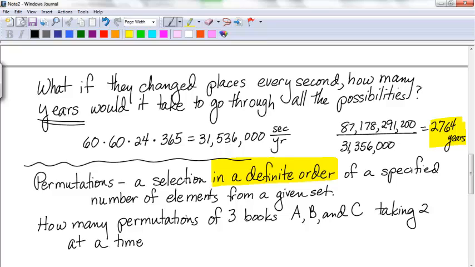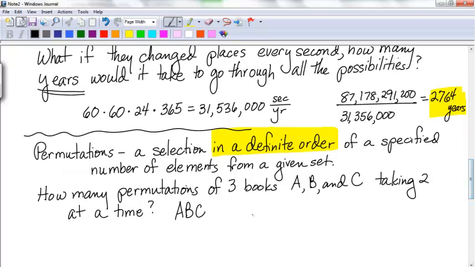How many different permutations of 3 books, A, B, and C, taking 2 at a time? So here's your books, A, B, C. The order makes a difference. So if I said A, B was one arrangement, B, A would be a different arrangement. If I said A, C, that's an arrangement. C, A, that's a different arrangement. And then B, C, and C, B. So on this one, there are 6 possible arrangements.